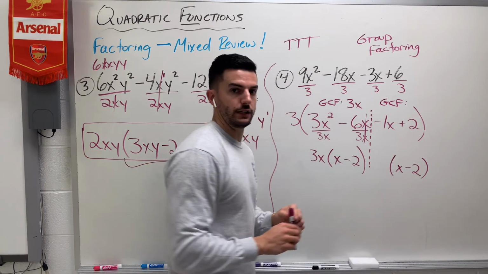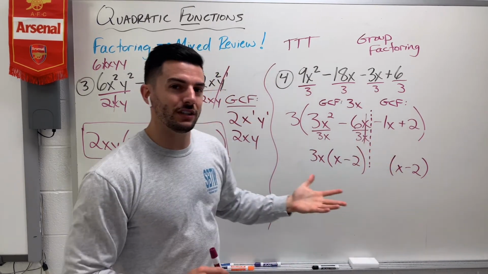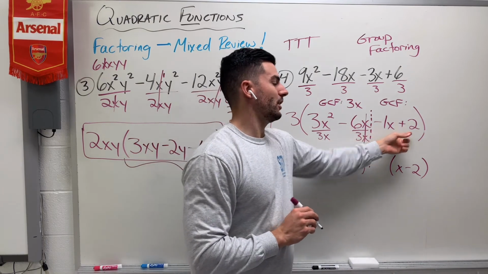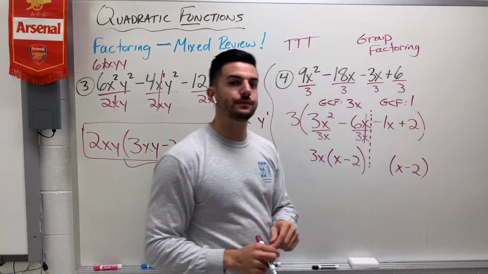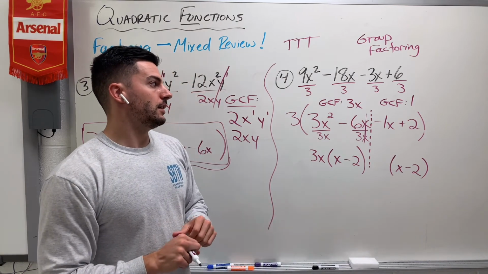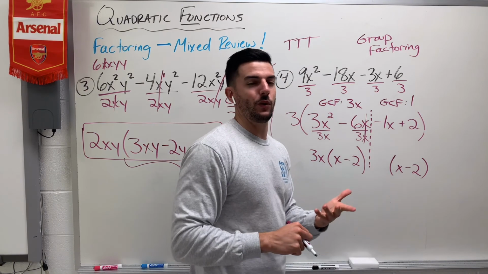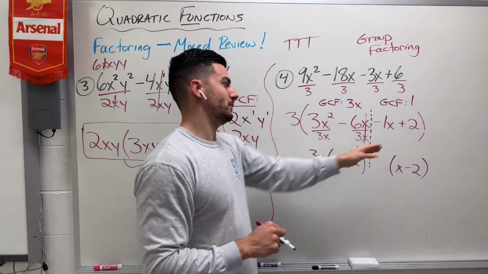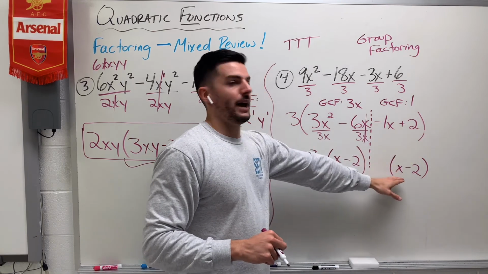And what's interesting here, negative 1x and 2, not really any common factors other than just 1. All terms have a common factor of 1. But if I divided both of these by 1, dividing something by 1 doesn't change the term, so it would remain negative 1x plus 2, and that would not match.